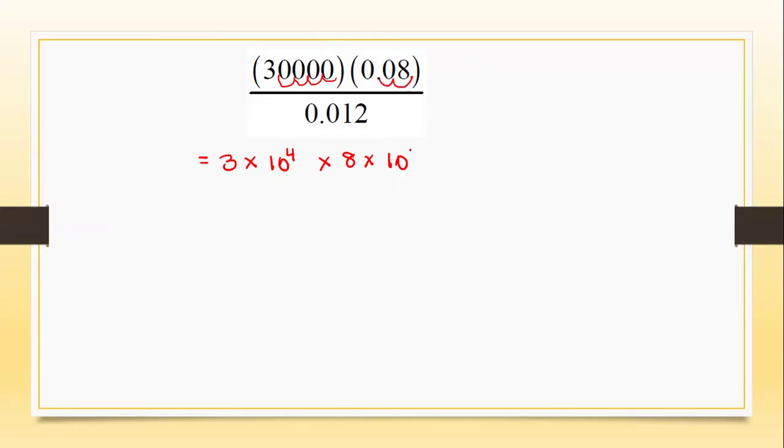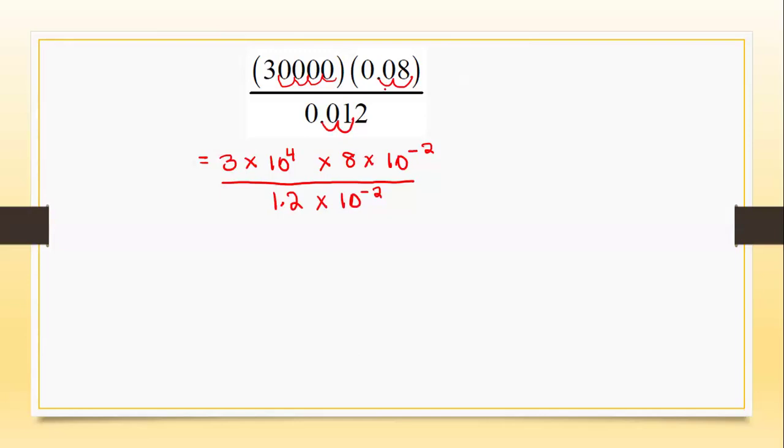Notice that when I move my decimal point towards the left, my powers were positive.